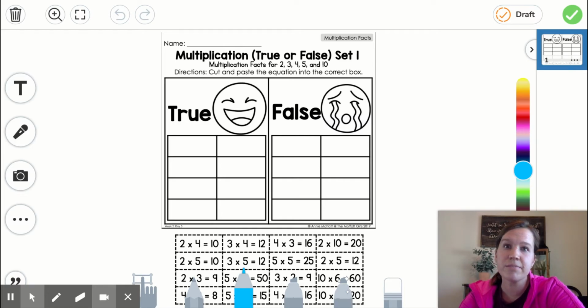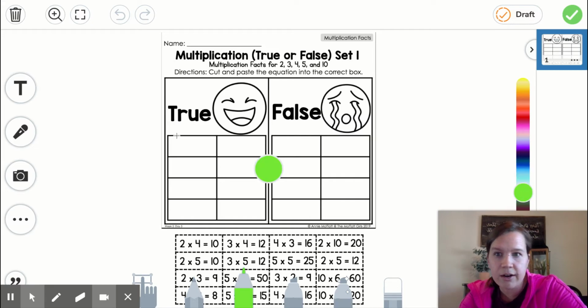And if the math statement is false, I'm going to color it in red, so I can just remember what I'm doing. I'm going to grab my green right now. If a statement is true, I'm going to color it green. If a statement is false, I'm going to color it red.